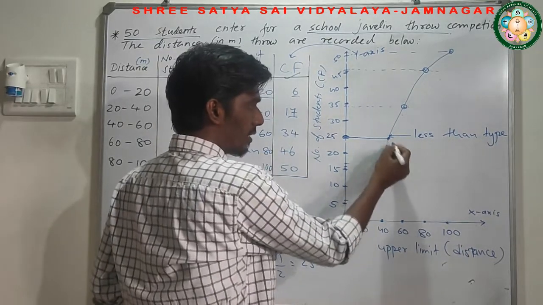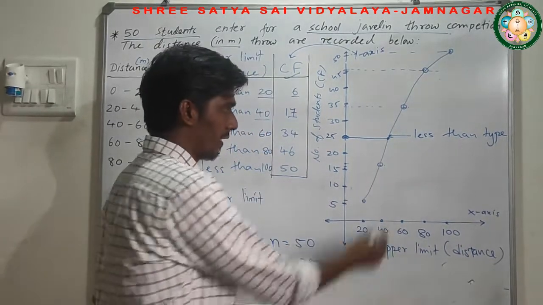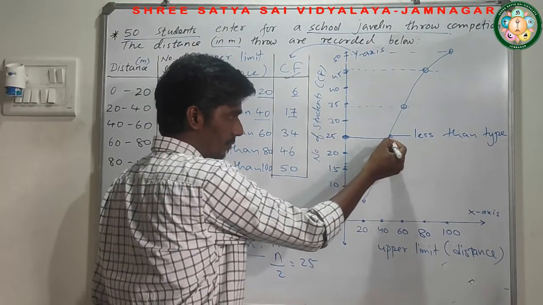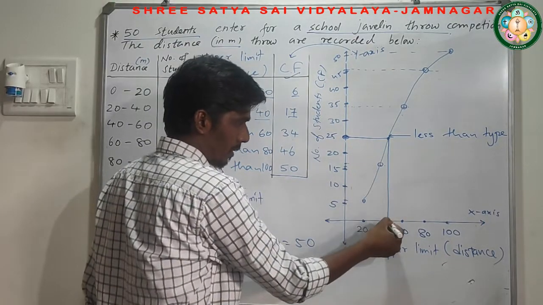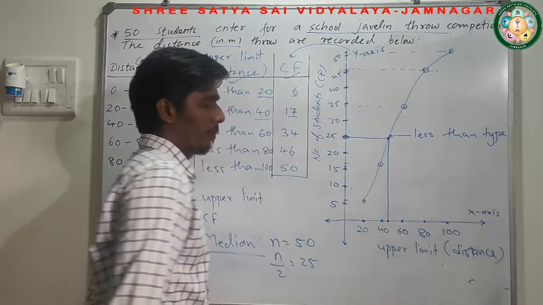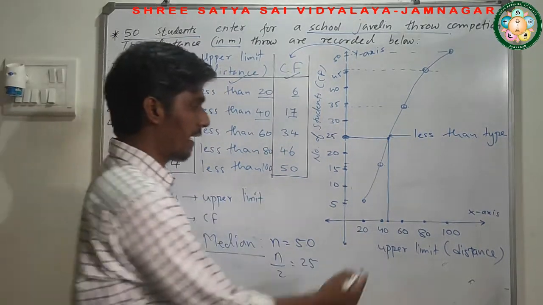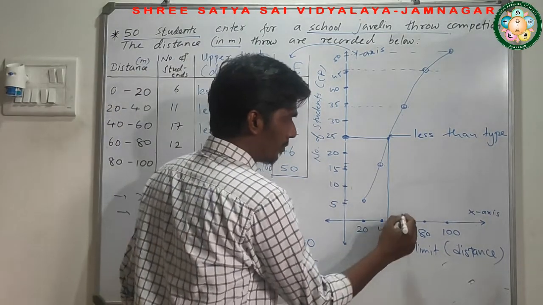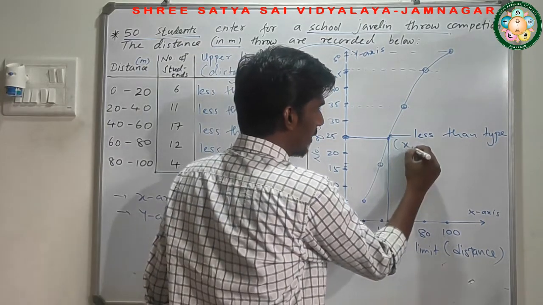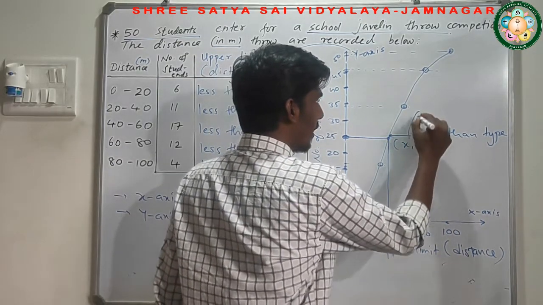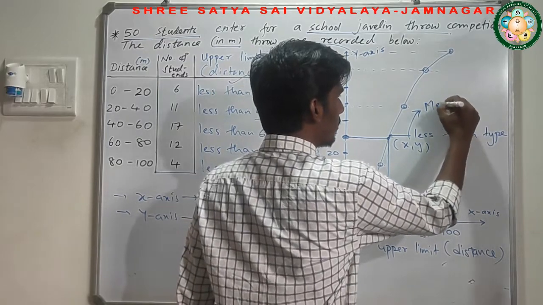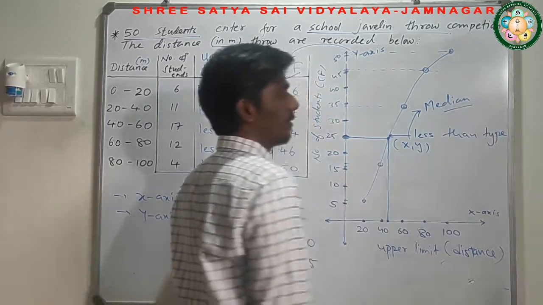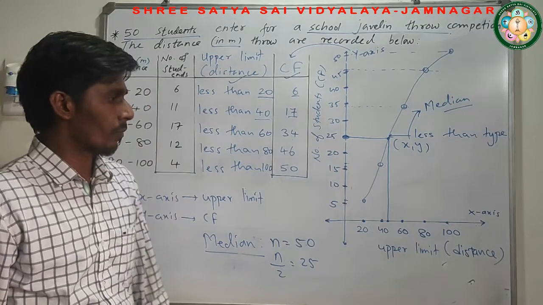From this point of intersection, draw another perpendicular line. If I draw it like this, I'll get something over here. If you draw this on graph paper, you'll get the approximate value of the median. So this x coordinate is always the median of the given data.